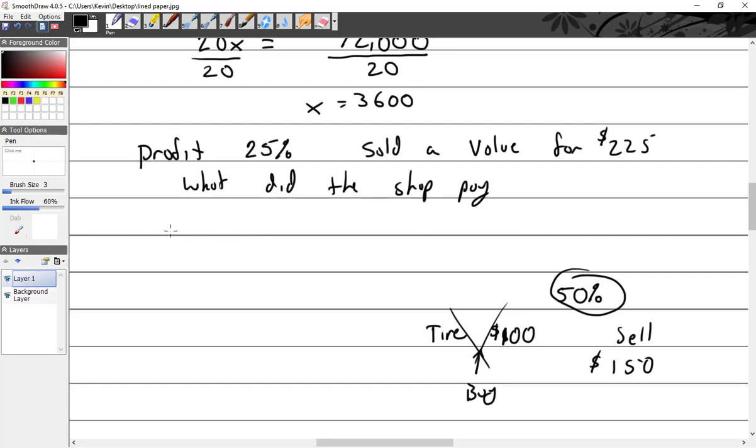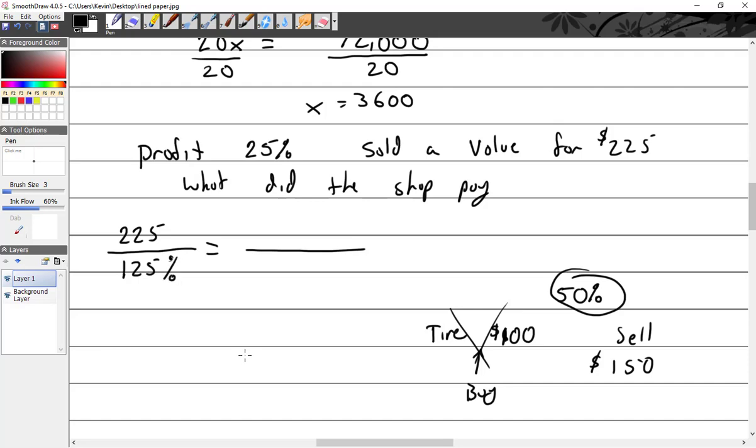So we can set that up as a ratio. What is this ratio going to look like? 225 over 125 equals X over 100.